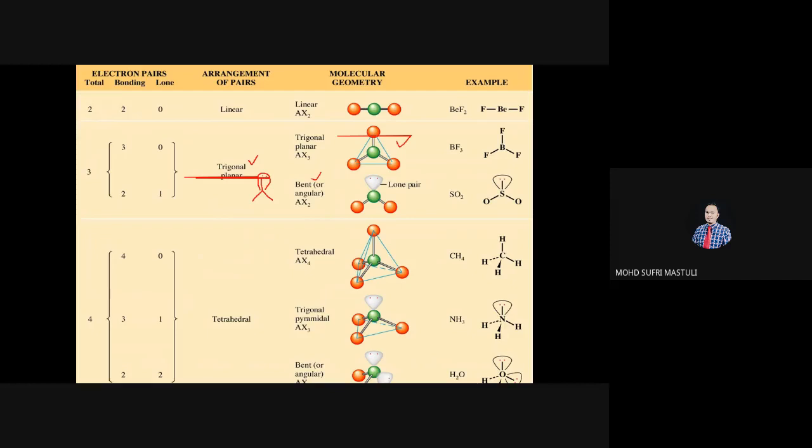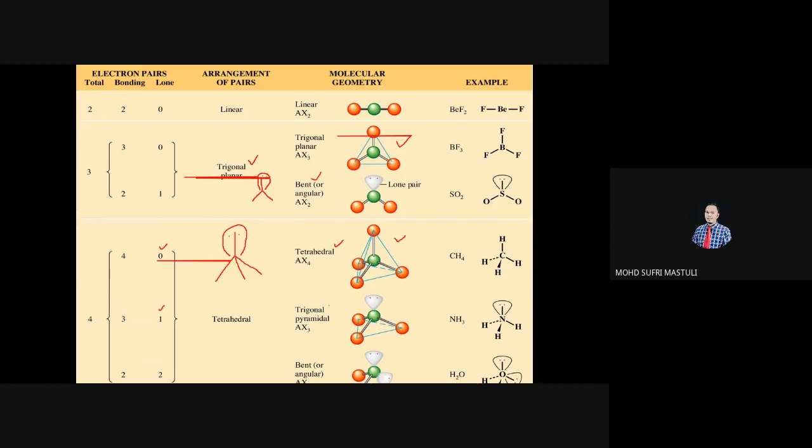If we have an electron domain of 4 with no lone pair, the molecular geometry is tetrahedral. It looks like this, tetrahedral. However, if the electron domain of 4 consists of one lone pair, the lone pair should be here. So it looks like a pyramid.